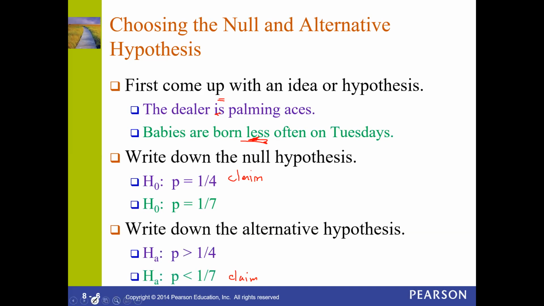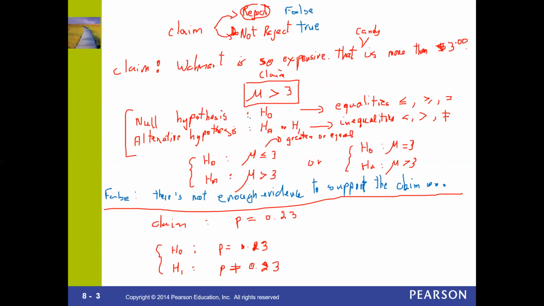I think I explained to you at the beginning of the class that H0 only accepts equalities, while H1, or HA, only accepts inequalities. So that's very important to remember, so whenever you have a given example, you don't mess it up.